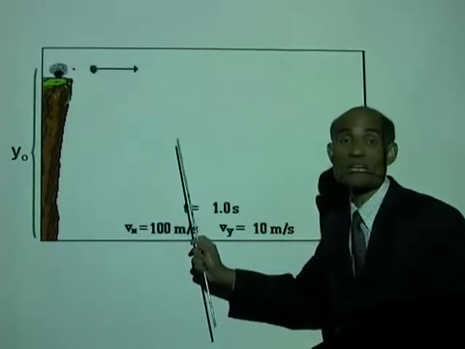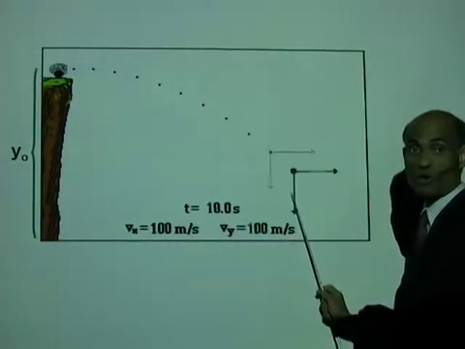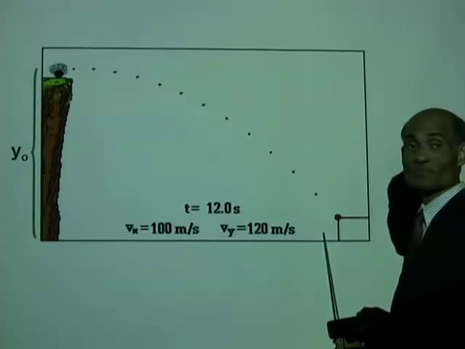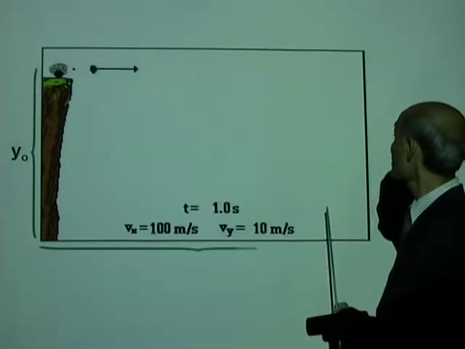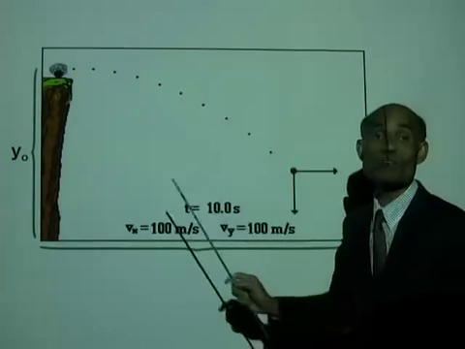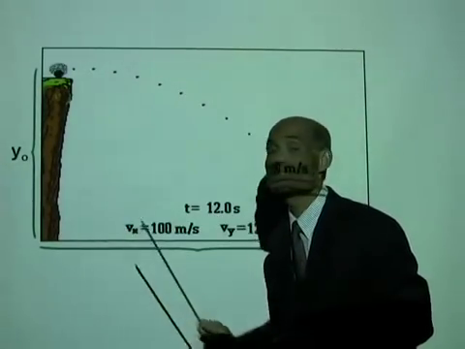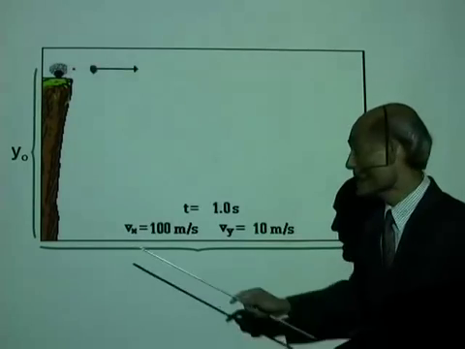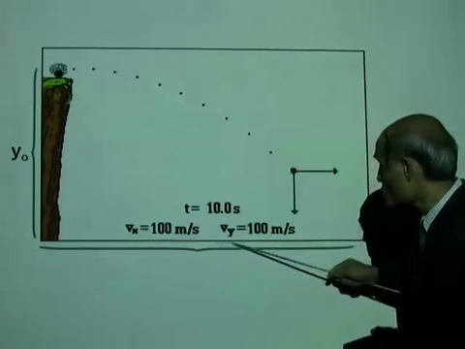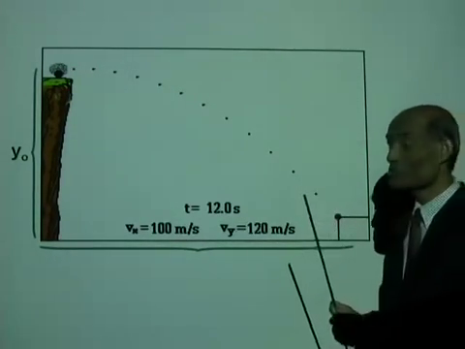What is the time taken for the projectile to fall to the ground? Well, the time taken is the square root of 2y0 over g. And what is the horizontal distance traveled by that projectile?